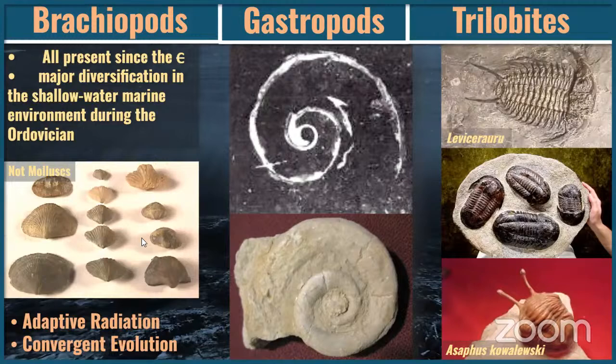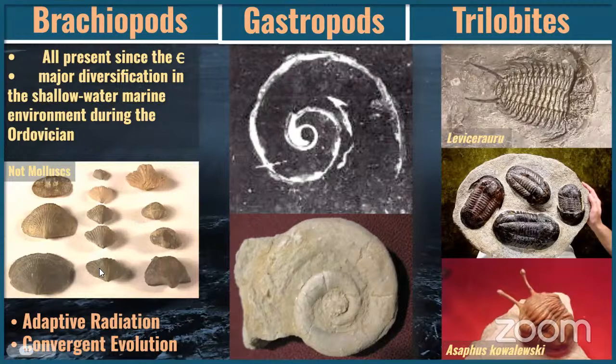Okay. So here's some of those brachiopods, which even though they look like clams, are not actually mollusks. They're their own group, so they've been present for a while. We saw them in the Cambrian explosion, but we have this major diversification event where they're taking on lots of new forms. We have lots of different genera and species appearing in those shallow seas that we see during the Ordovician.